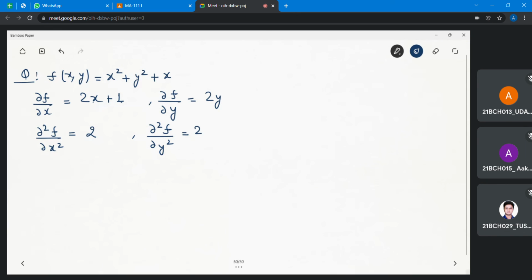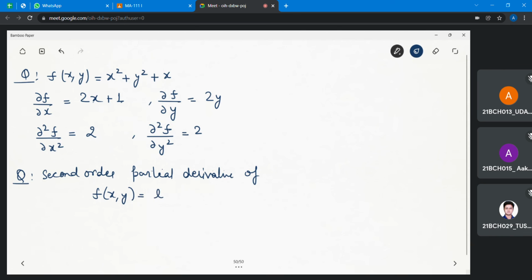For example, if we have to calculate the second order partial derivative of the function f(x,y) equals x square plus y square plus tan inverse y by x, where x is not equal to 0.